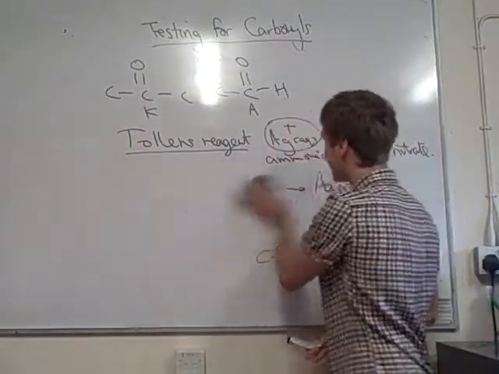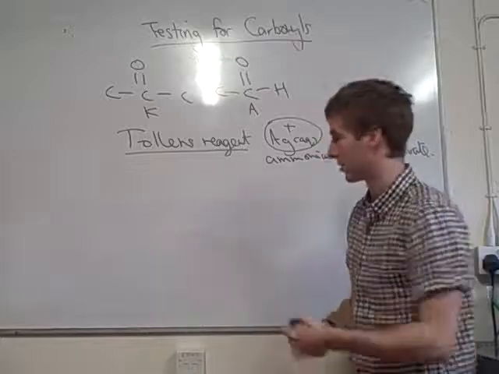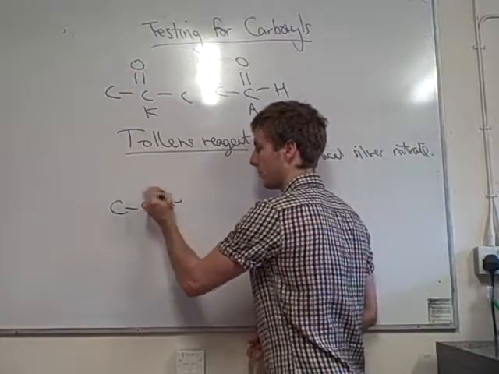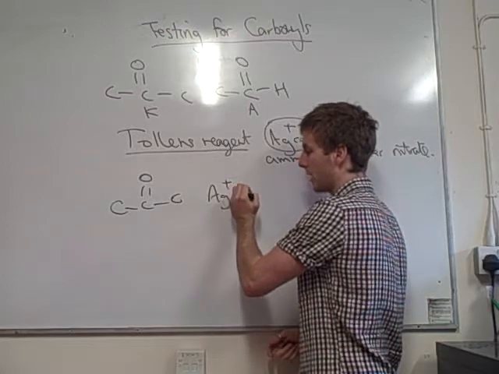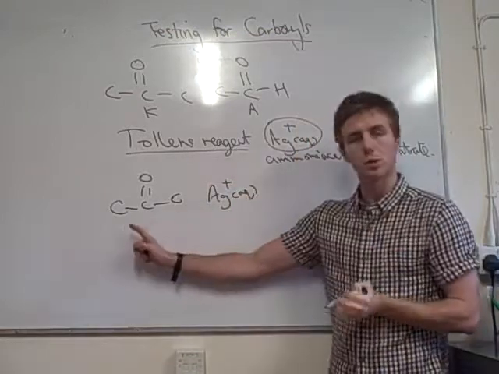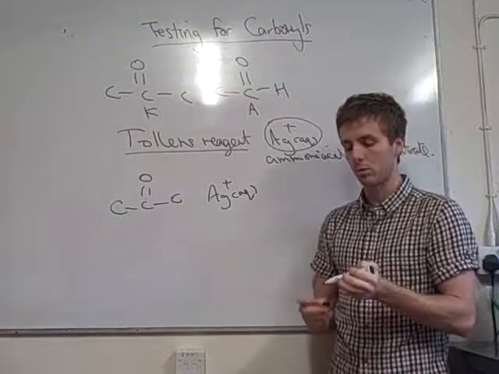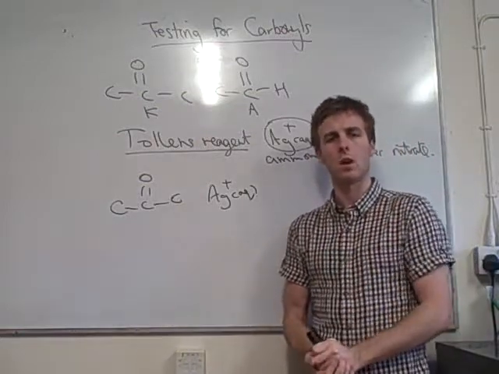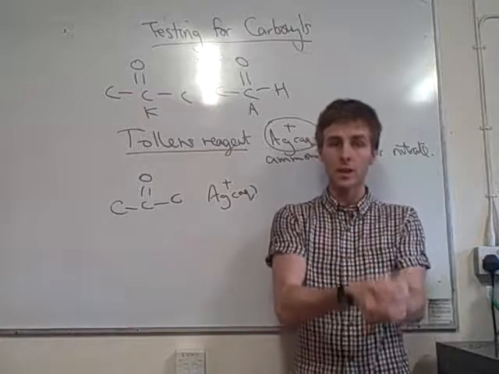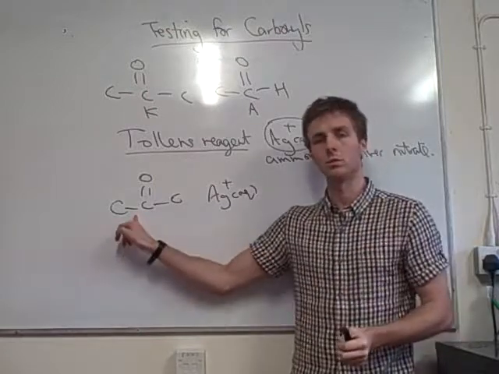If I added a ketone to ammoniacal silver nitrate, my silver is going to try and get reduced, and it's going to try and oxidize my ketone. But again, think back to that lesson on oxidation of alcohols. If I oxidize a secondary alcohol, I get a ketone.